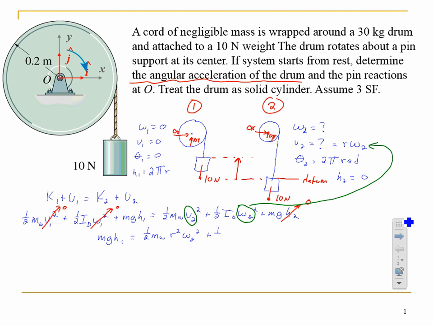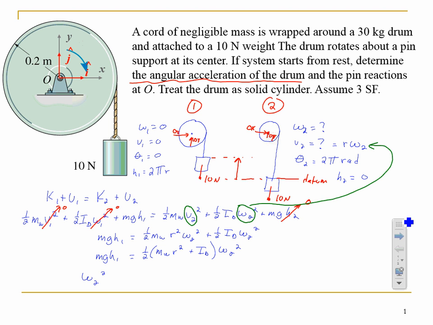And then I've got 1/2 ID omega 2 squared. I'm just going to collect terms on the right-hand side. So I have mg h1 equals 1/2 times the mass of the weight times R squared plus ID, times omega 2 squared. I can solve this for omega 2 squared.